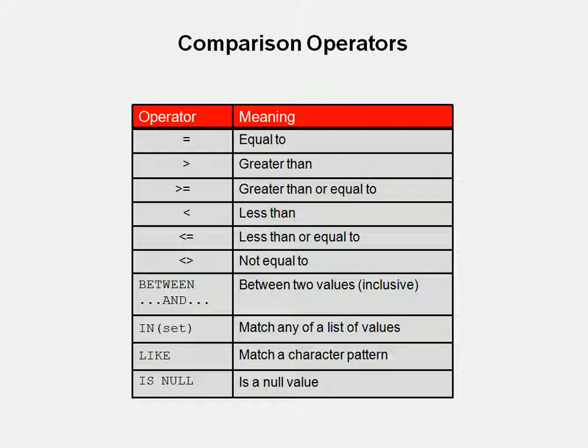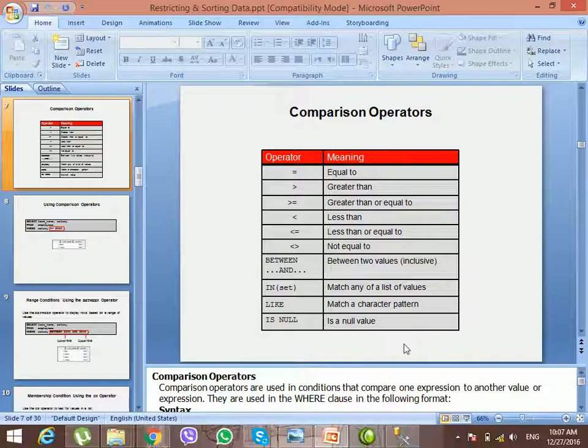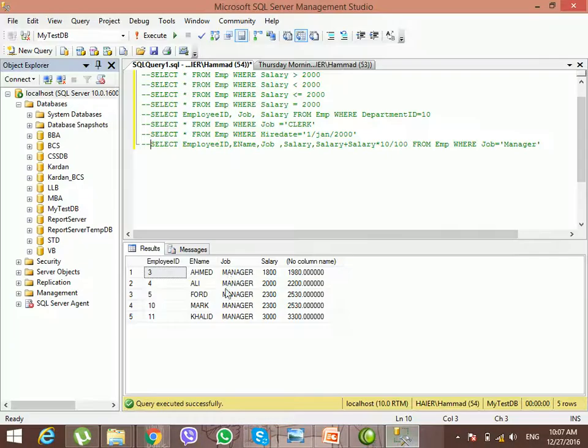So what about the not equal? The not equal symbol in SQL is that. Clear? So suppose now this time I want to search all the records, select star from employee where job is not equal to manager.